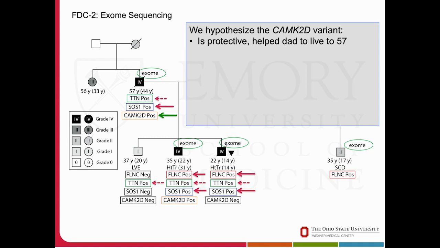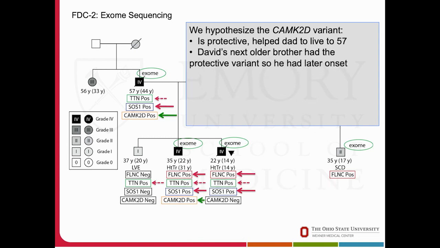So the idea is that if it's protective, Dad does have it. It helped him to live to 57. David's older brother had it, helped him to not need a transplant until his 20s. But David didn't have it, so he had the full brunt of the Titan and the FLNC and the SOS1.